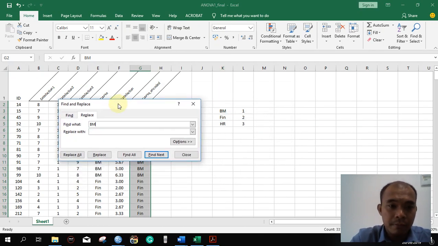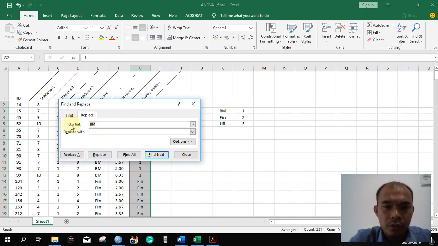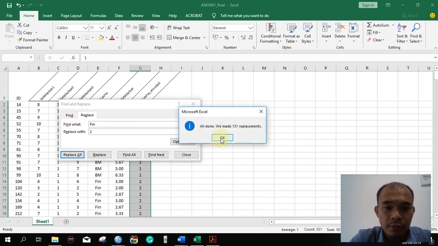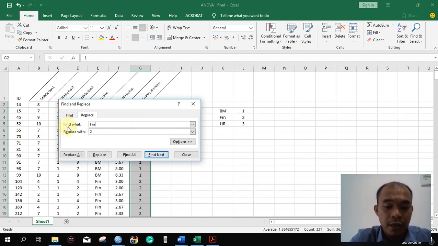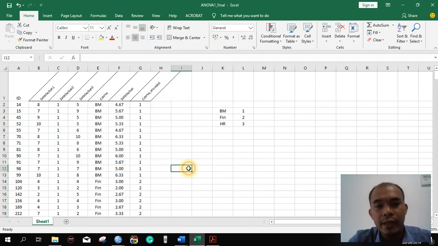The BM. We will change that one to 1, replace all. We will also have the finance 2, replace all, and then the HR, replace 3. Okay, so that is our encoding here.